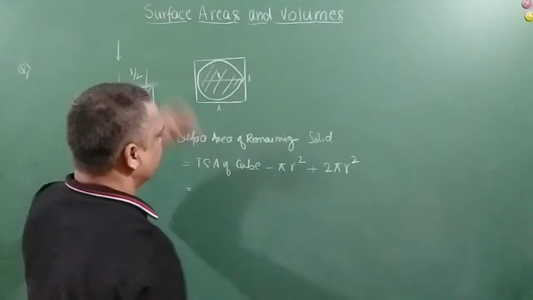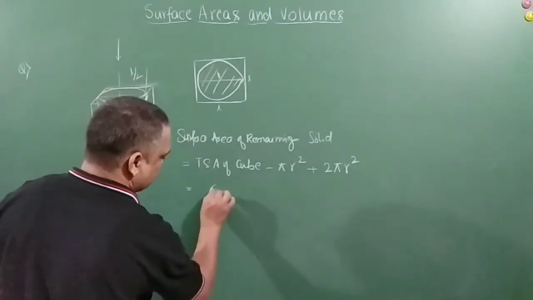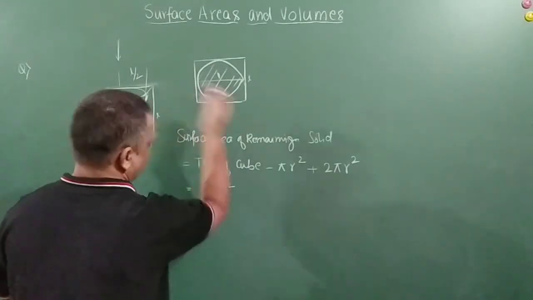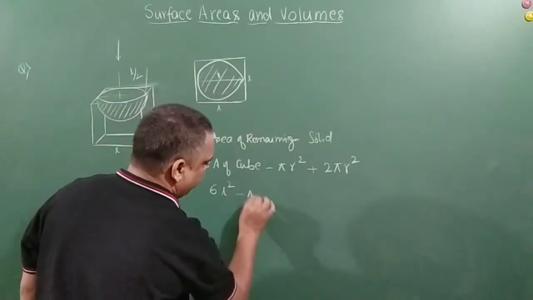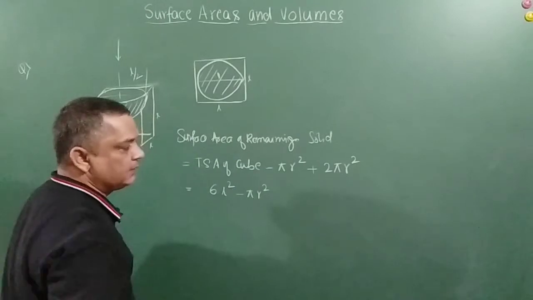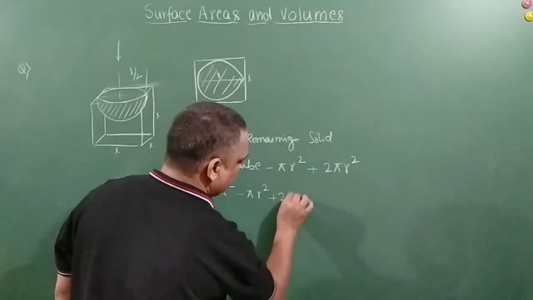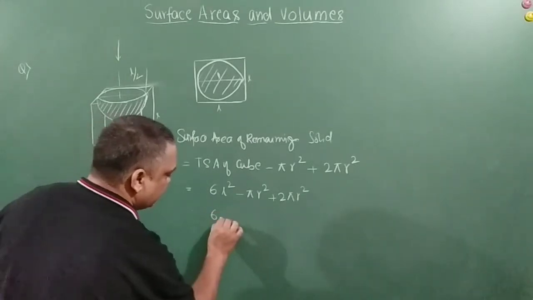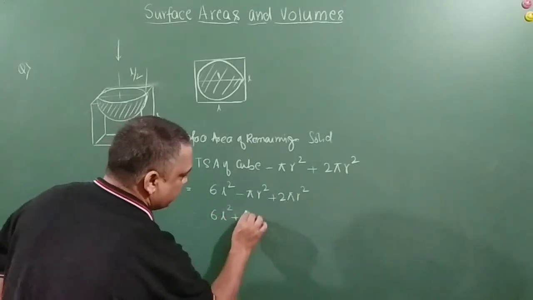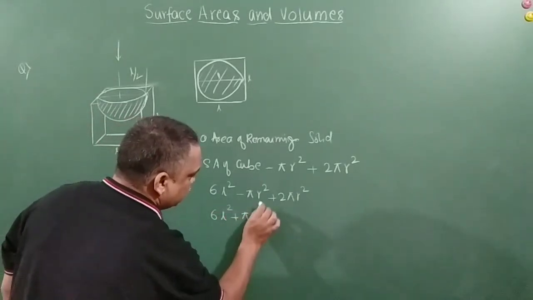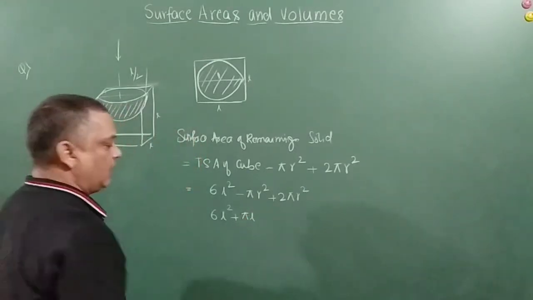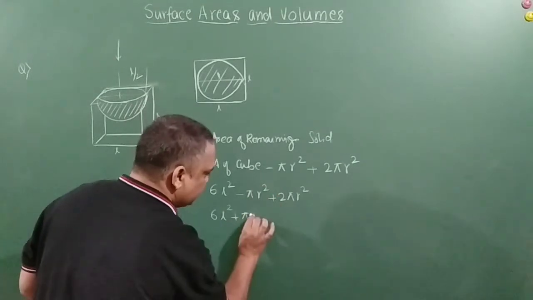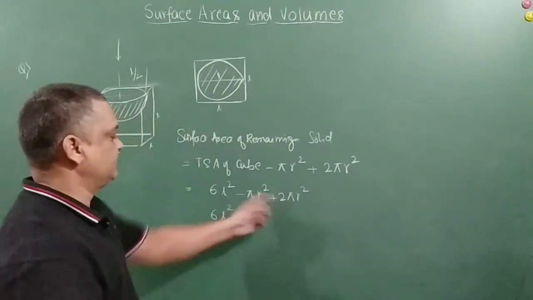So total surface area of the cube is nothing but 6L square in this case, friends. Correct? 6 into side square, okay, minus pi r square plus 2 pi r square. So this is nothing but 6L square plus pi r square, right, friends?